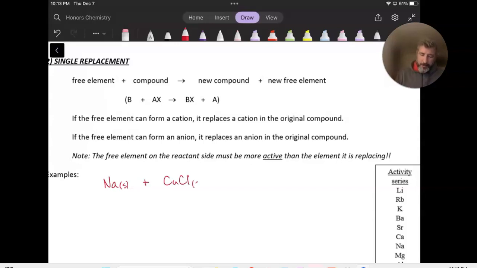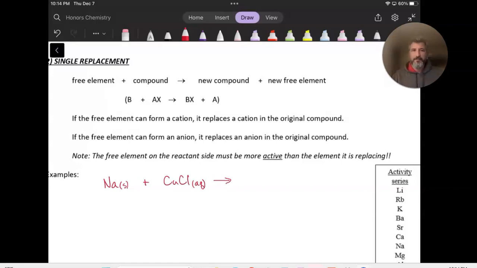Now, the compound is usually going to be aqueous, meaning dissolved, so the copper and chloride ions are floating around in aqueous solution. And so this is our single replacement reaction. So we have sodium, which can form cations, and the ionic compound copper 1 chloride.